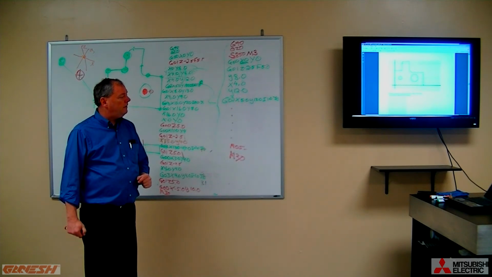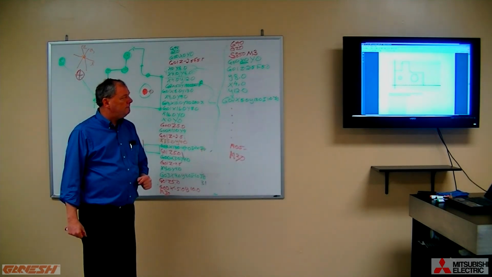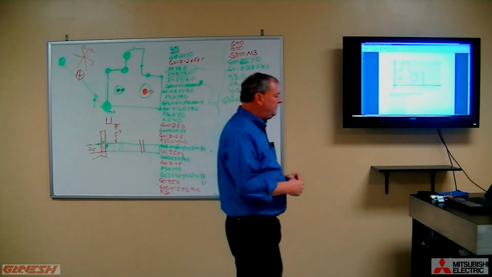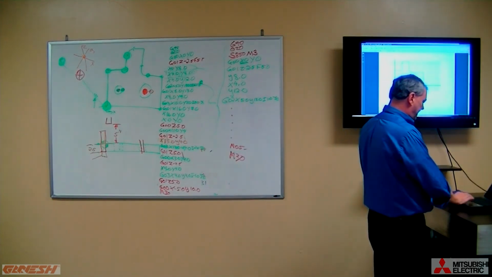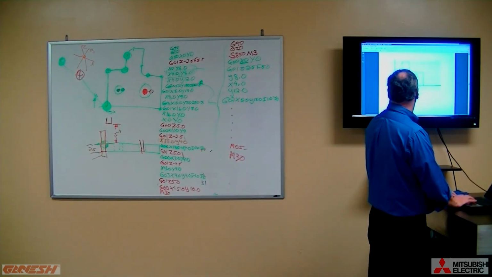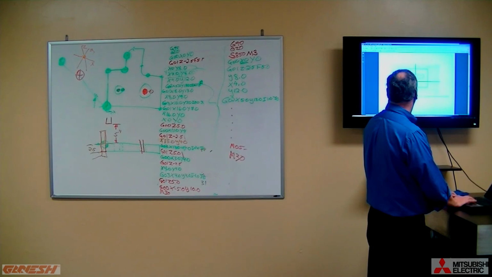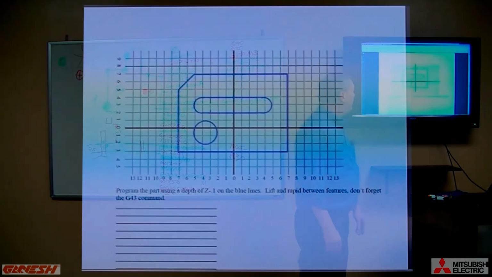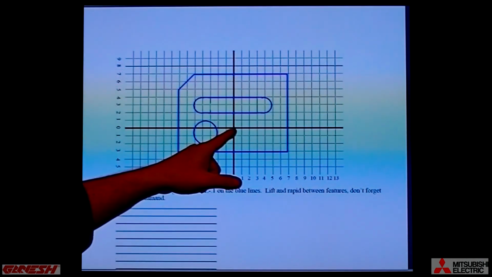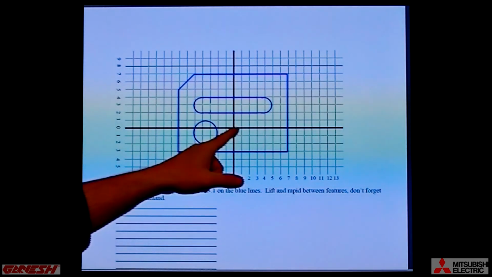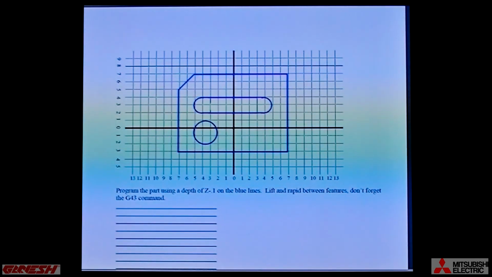So at this point, what we'll do is assign you a new drawing, and that would be on page number 30 of your handbook. Here is a part. Unfortunately, we have an arbitrary sort of datum point there, but that's all right, you can still work with it.